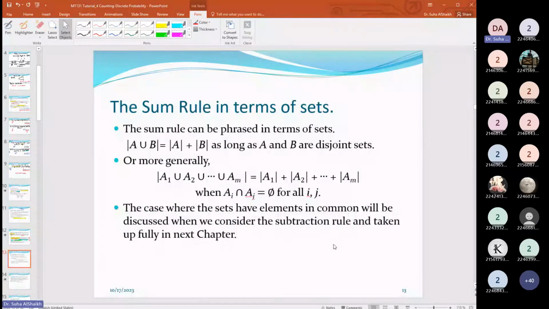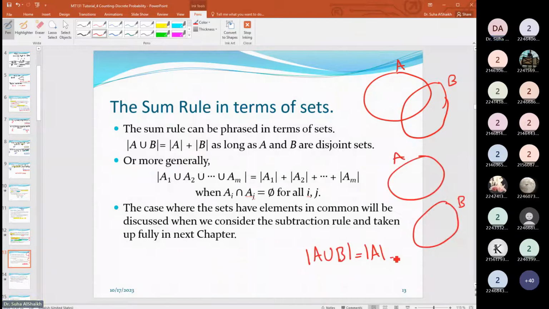Of course, if you remember when we talked about sets, if we have a set A and another set B, and they have no intersection between them, then the cardinality of A union B, meaning how many elements in the union, is equal to cardinality A plus cardinality B. And this explains the sum rule.